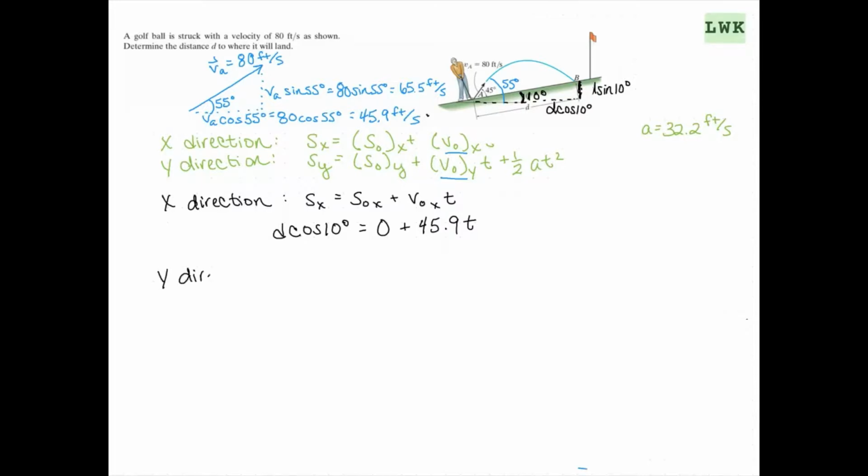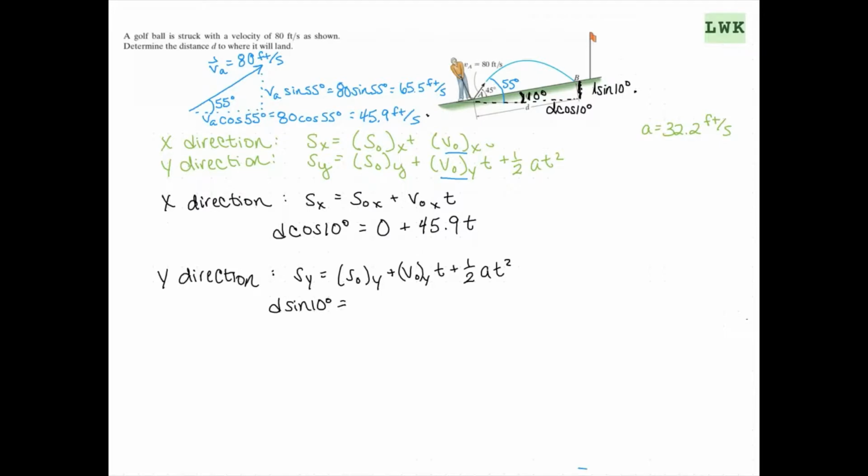So in the y direction, we can say s of y equals s sub 0 plus our v sub 0y, which we solved, times t, plus 1/2 a t squared. So we're going to do the same thing. So we're going to say our s in the y is going to be equal to d sine of 10 degrees, which we solved up here.